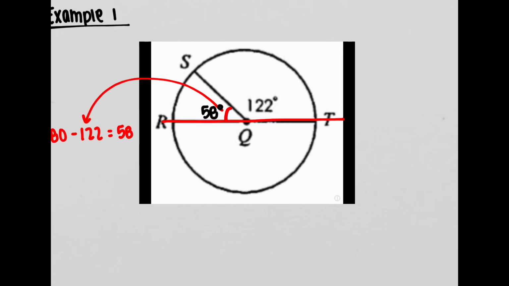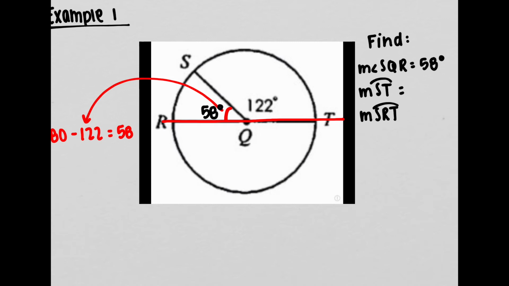Some of the things that I would ask you to find in this problem, so let me draw it out to the side. I want to know the measure of angle SQR, and we just found that. We found it to be 58 degrees. I want you to find the measure of arc ST, and then I want you to find the measure of arc SRT. So now we're going to move on to the second part, the measure of ST. So remember, that's this arc right here.